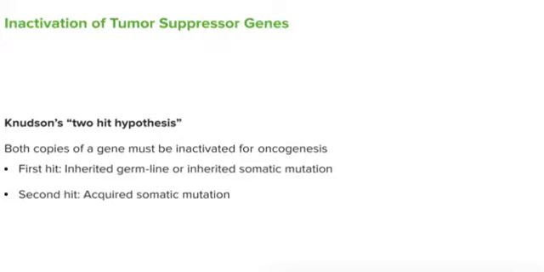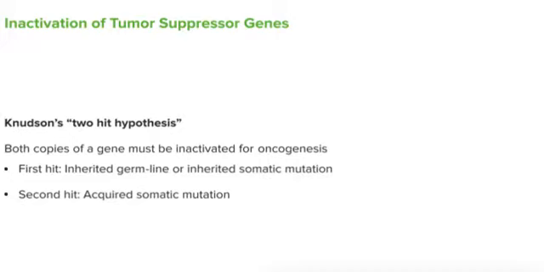In order for the progeny to develop a cancer, both of the alleles have to be hit. Once they have been hit in the progeny, unfortunately the progeny will develop whatever type of cancer.